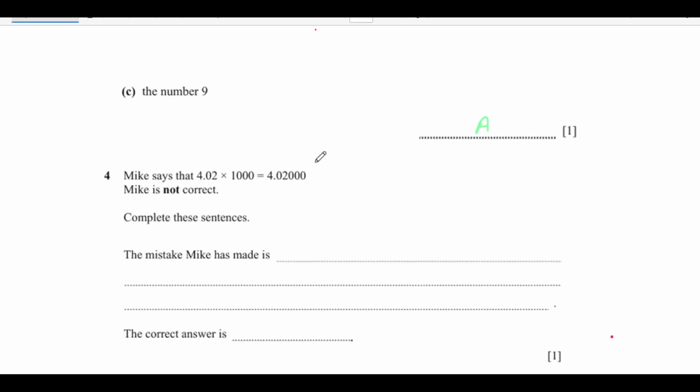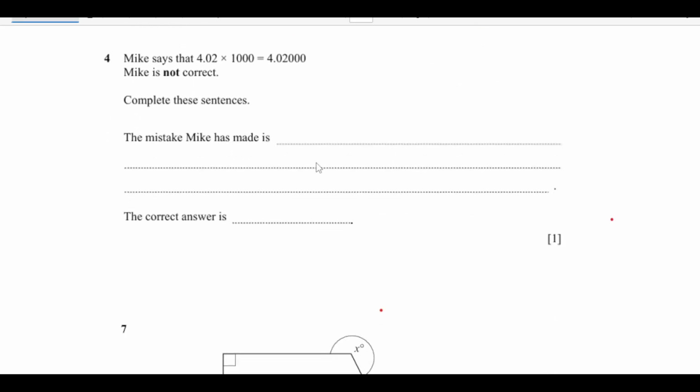number 4. Next question. Mike says that 4.02 times 1000 is this one. Mike is not correct. Complete this statement: the mistake Mike has made is that he has not changed the position of the decimal.